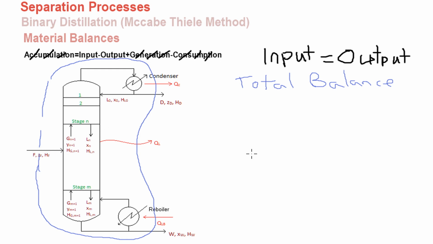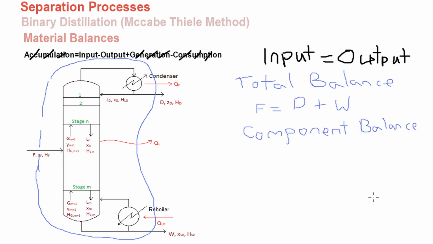As you can see here, the only flow rate that is entering is the feed, which has a flow rate of F moles per hour, or kilomoles per hour, or kilograms per hour. The flow rates that are leaving are the distillate, which is D, plus the bottoms product or the waste, which is W. So this is your first material balance.